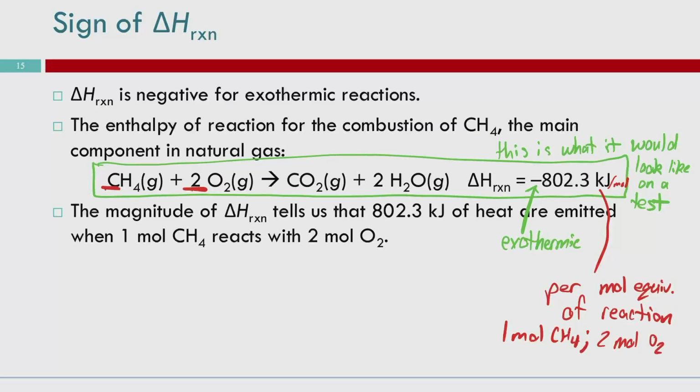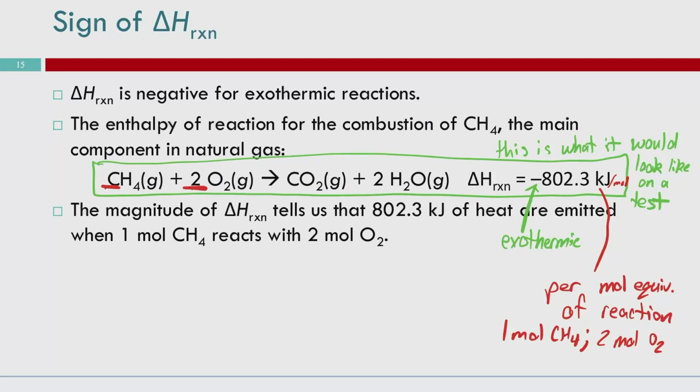The way that I put these into calculations is I will use this delta H just like one of our other coefficients, just like a stoichiometry problem. So I would take, for example, 1 CH4, that would be on the bottom if we're calculating energy out, and then this negative 802.3 kilojoules on the top. So let's say that we've got 1.5 moles CH4.